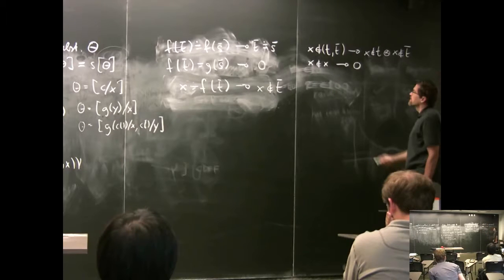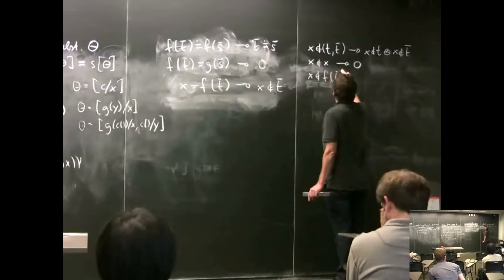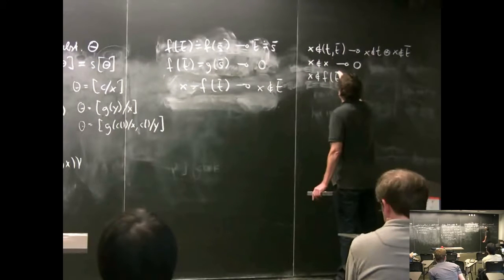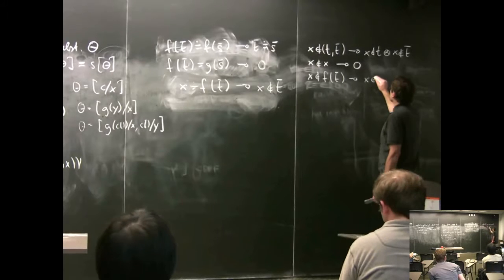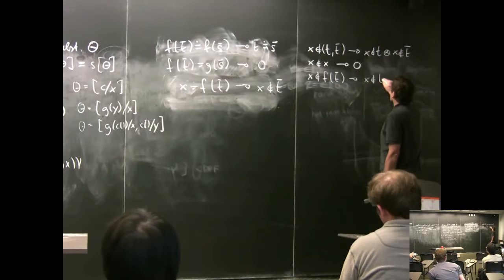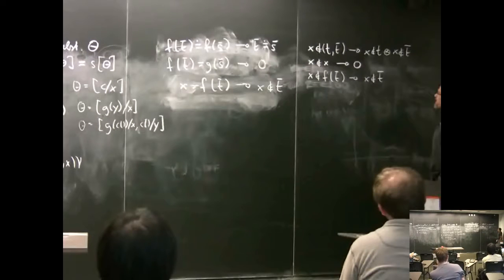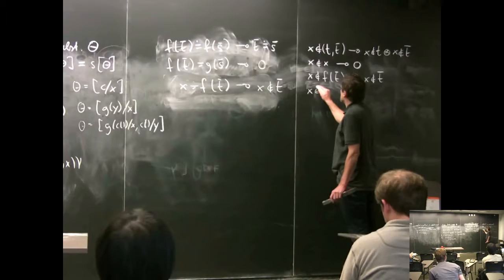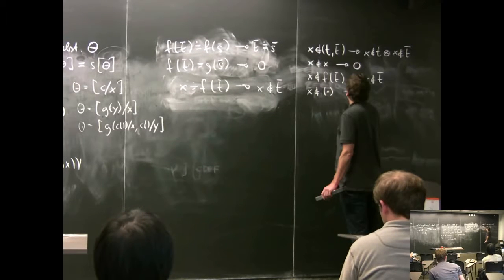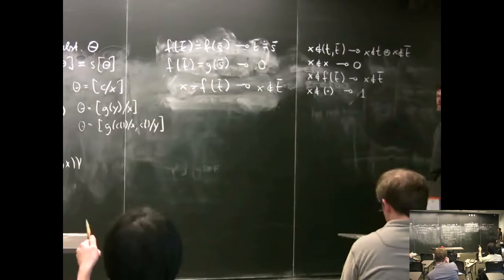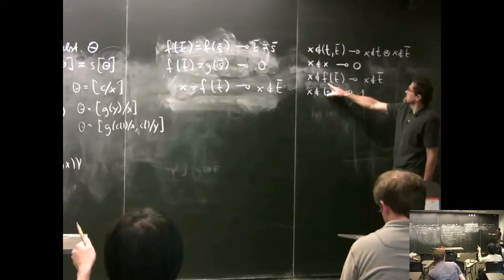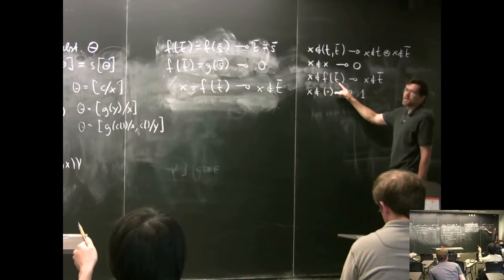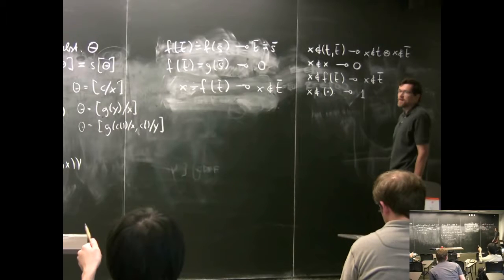And if x is not within the f of e, then x is not in e. And if x is not in the f of t, then it's fine. Probably constant as well. Yeah, so constant is just f with the empty list of arguments. So I don't need a special case for that.